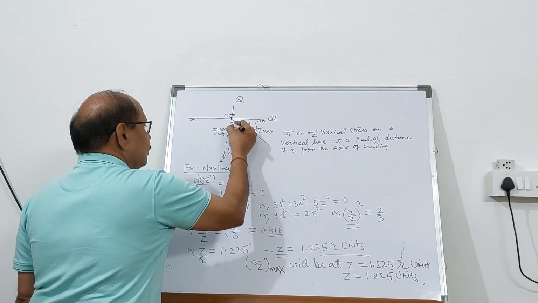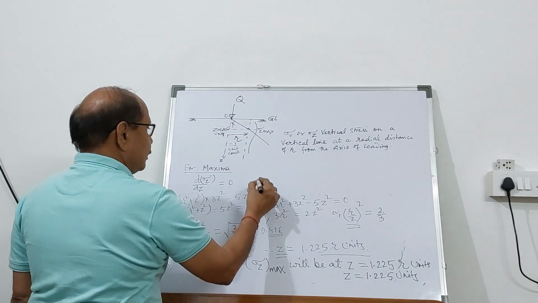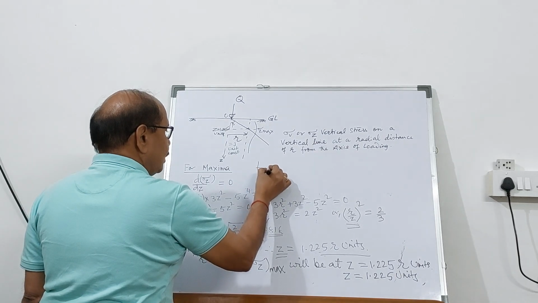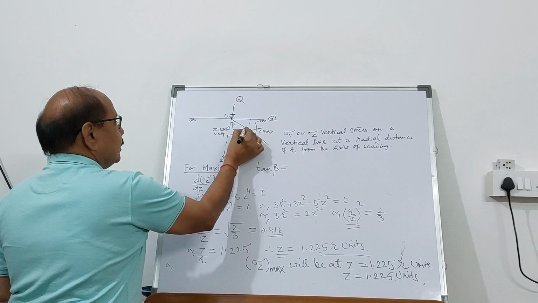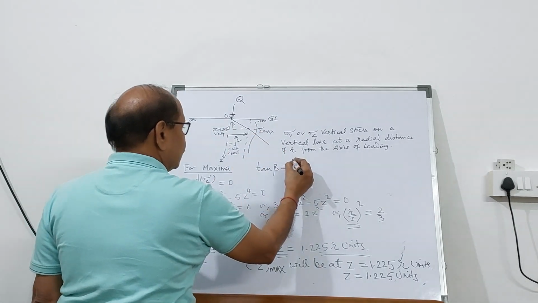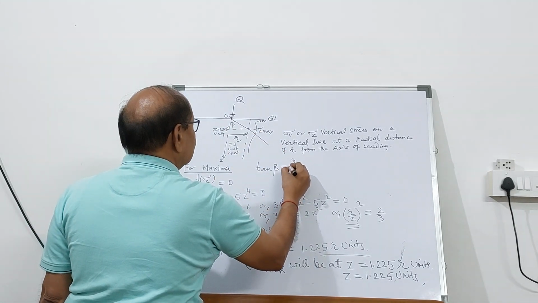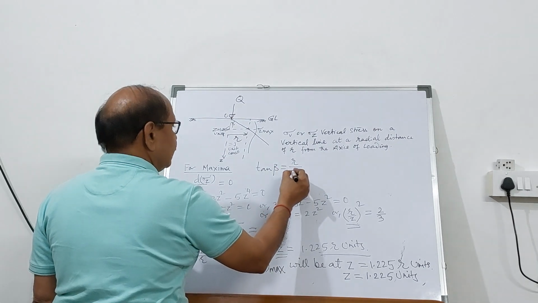and we can find out this angle. Tan beta therefore will be this distance, that is r divided by z.